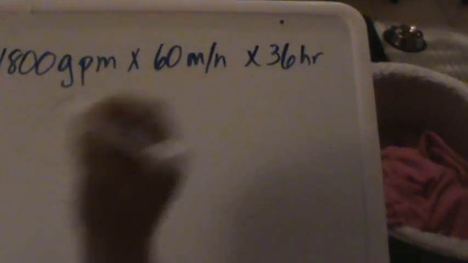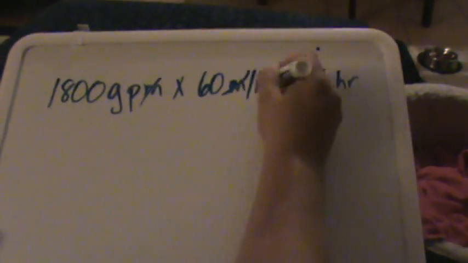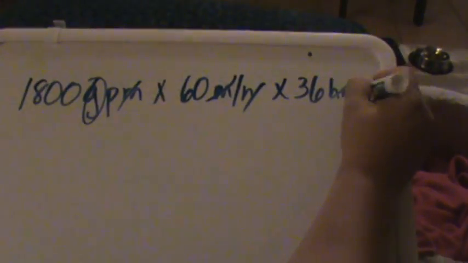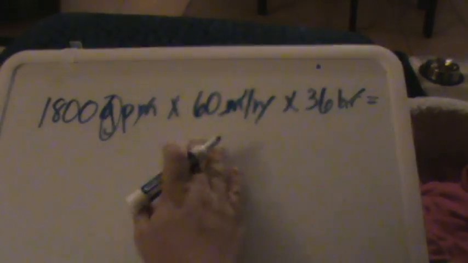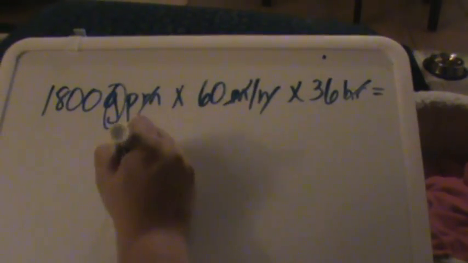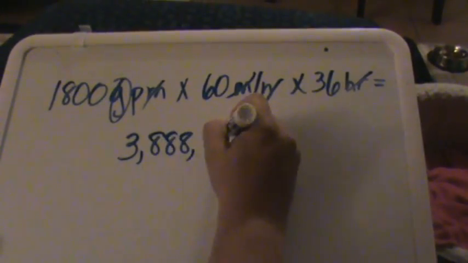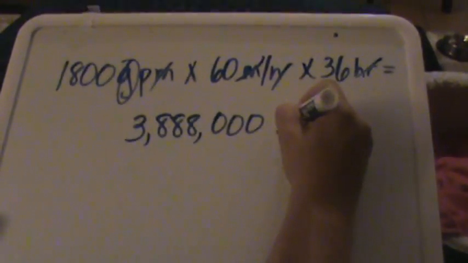Okay, and so if we do the math here, our minutes cancel, our hours cancel, this leaving us with gallons in this time period. So 1,800 times 60 times 36 is equal to 3,888,000,000 gallons. Oops.